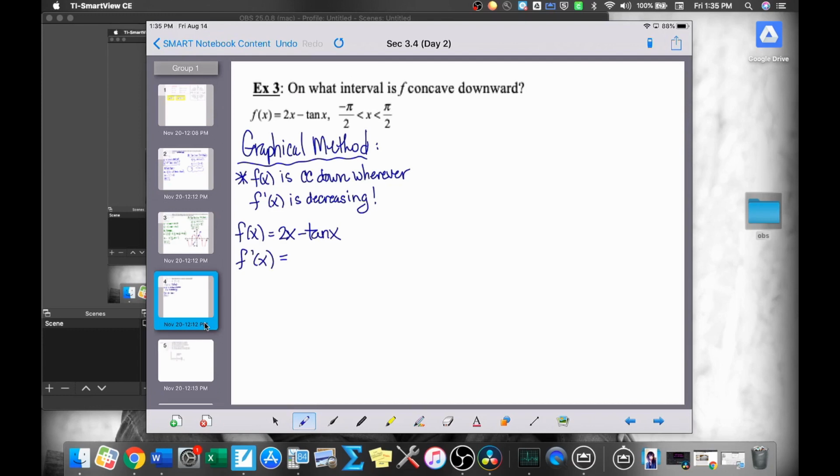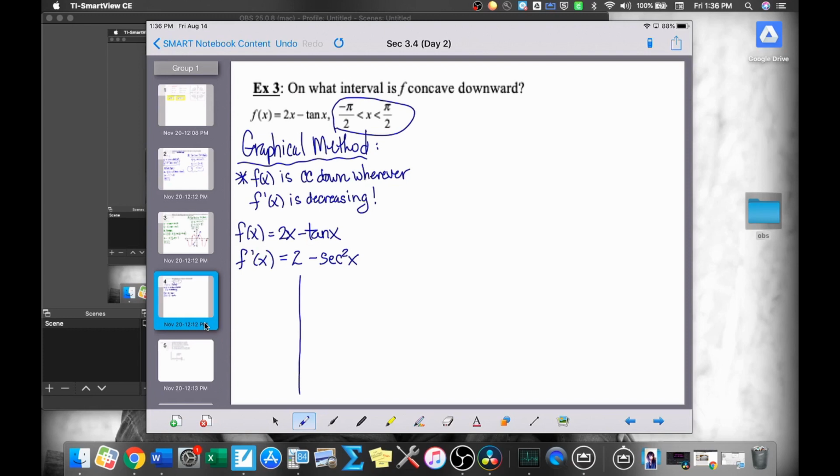The derivative of 2x is 2, and the derivative of tangent is secant squared. The negative comes along. So 2 minus secant squared x would be f prime. So if I look at the graph of 2 minus secant squared x on this interval right here, I should be able to see where the graph is decreasing, and that would be the answer to my question.